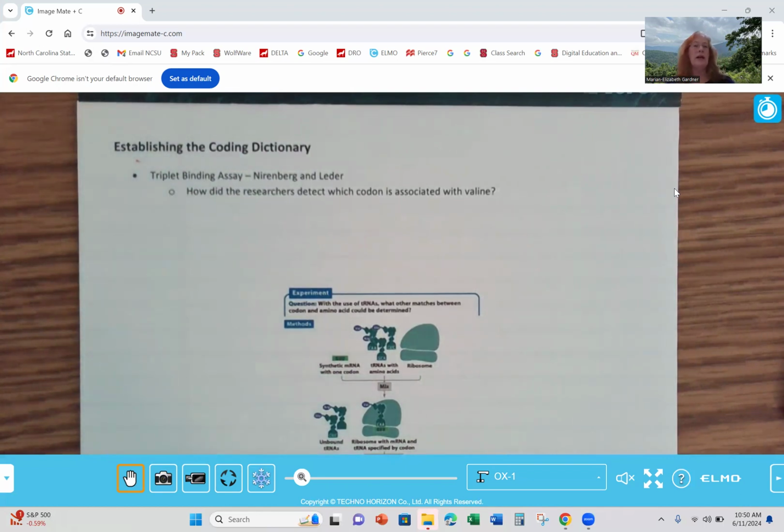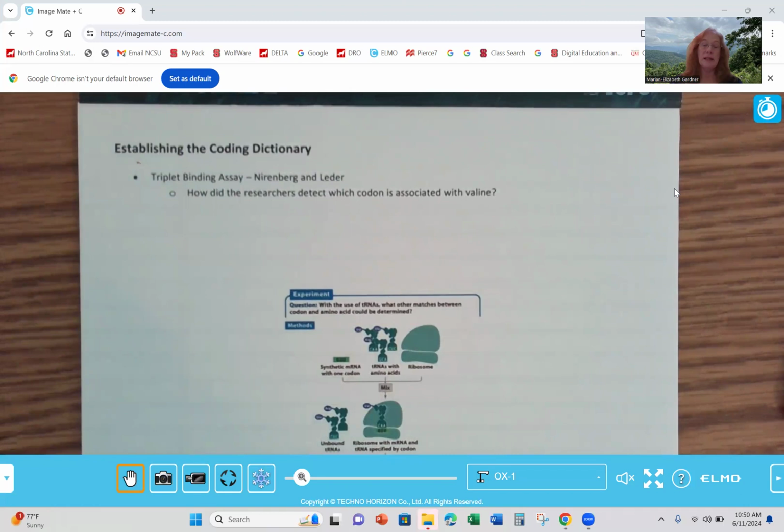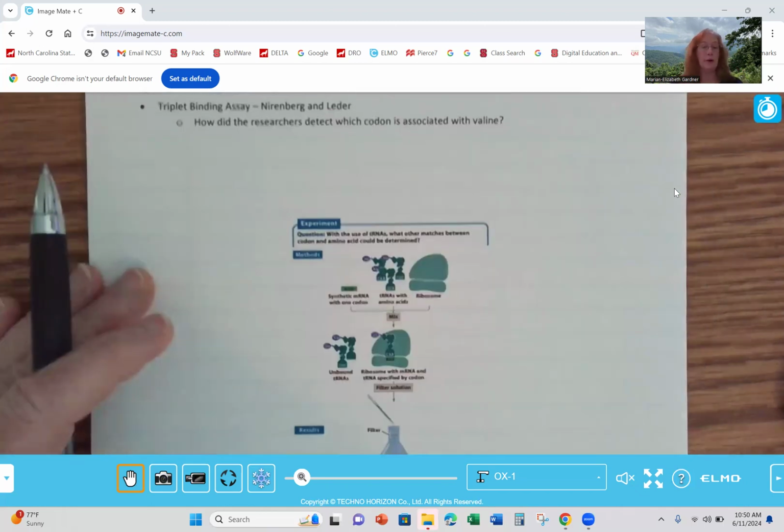The coding dictionary was established primarily by Nirenberg and Leder. There were some other experiments, including the Nirenberg and Matthaei experiment that occurred before, but the Nirenberg and Leder experiment finally figured all of the rest of the codons out.